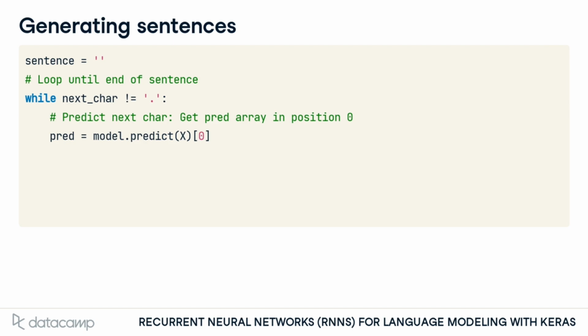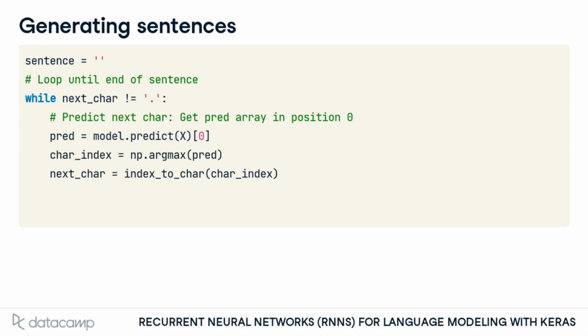We use the first position only because we will generate one character per step and use it to predict the next one. Since the model returns a vector with the size of the vocabulary, where each element has a probability of the next character to be that element, we get the one with higher value. Then we use the dictionary to transform the index to the corresponding character. Finally, we concatenate the next character on the sentence.